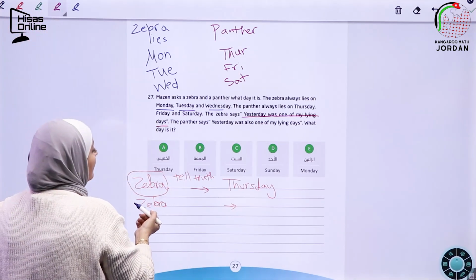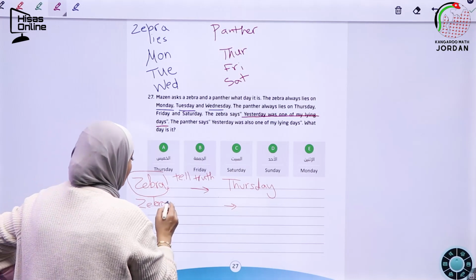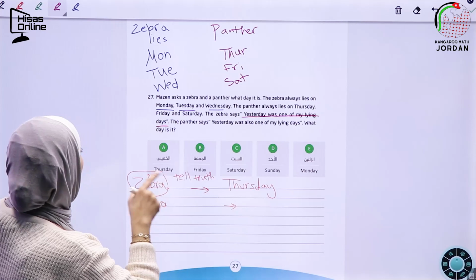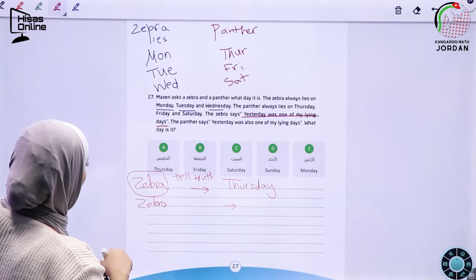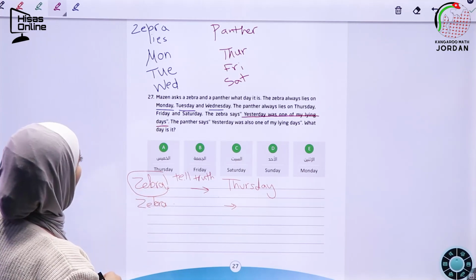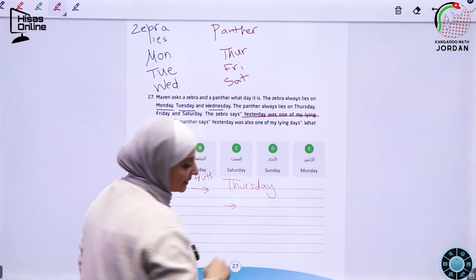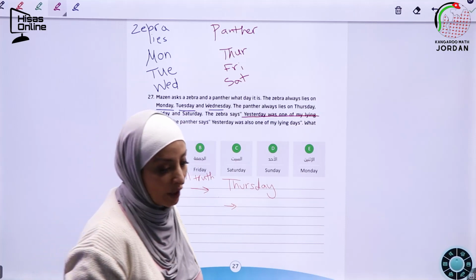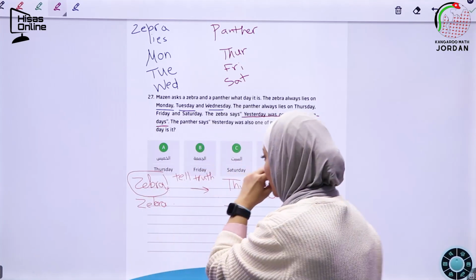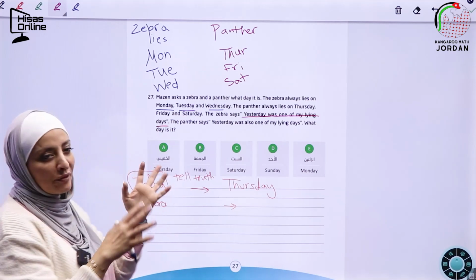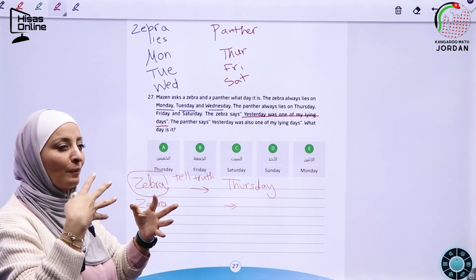When it lies, that means yesterday was not one of my lying days. So if it's lying, it is Monday. Let's take a deep look again, because you may get confused.